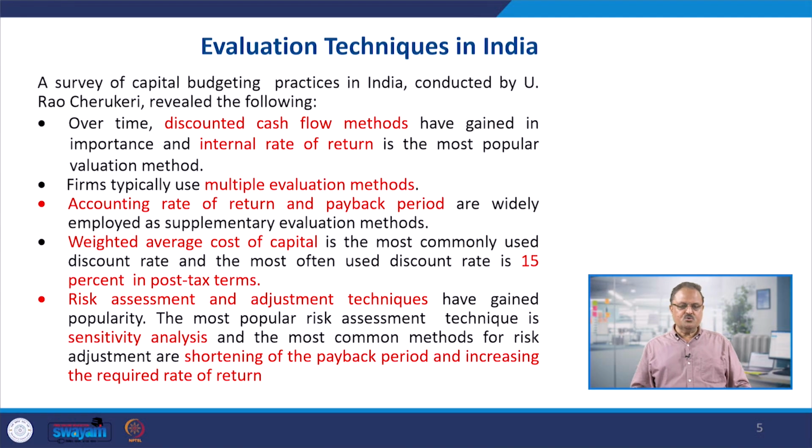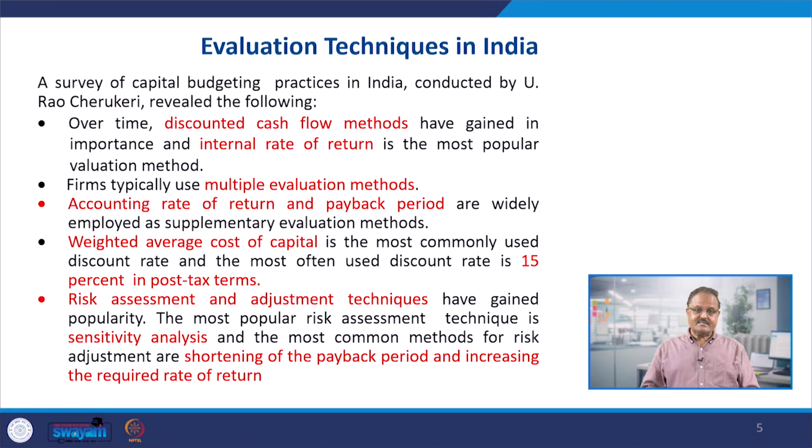But people should use the accounting rate of return also, because profit is equally important, and the accounting rate of return, or average rate of return, talks about the profitability coming out of that venture. Practically, people use multiple methods, they don't use one single method, and both the discounting and non-discounting criteria are in use.